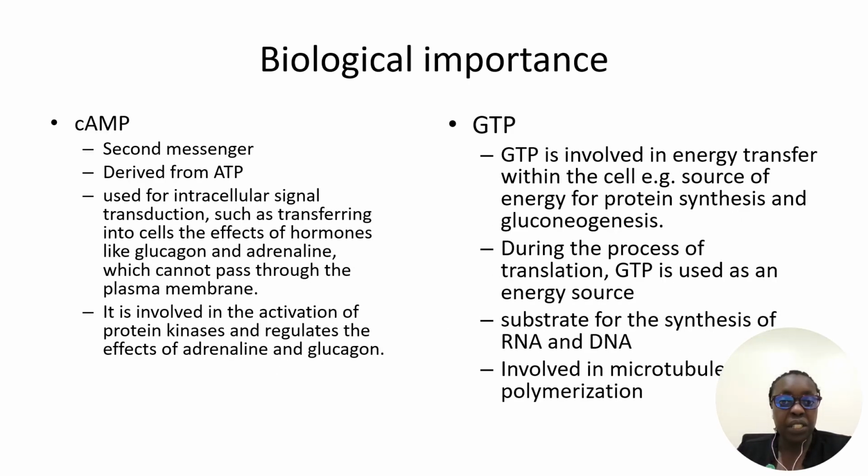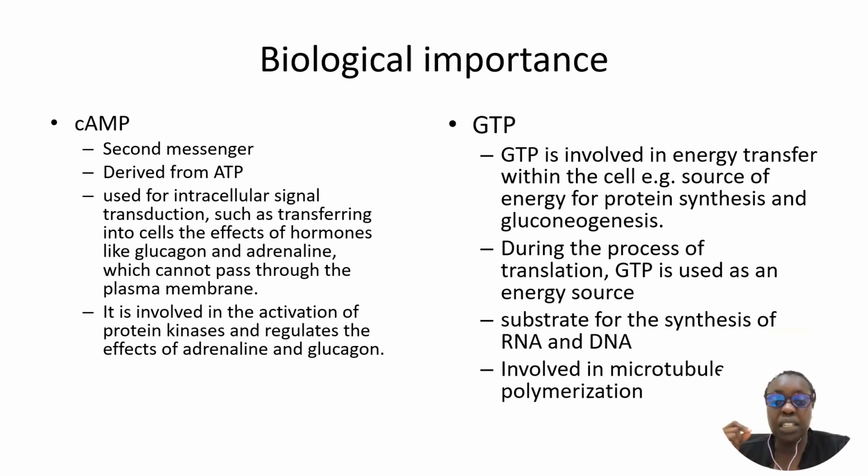So as I was telling you, cyclic AMP is a second messenger which is derived from ATP, and it is very important. We do realize that the cell membrane is a phospholipid bilayer, and some of the molecules are not able to enter inside the cell. So some hormones bind to receptors on the cell membrane, and they cause an intracellular cascade that causes their effects.